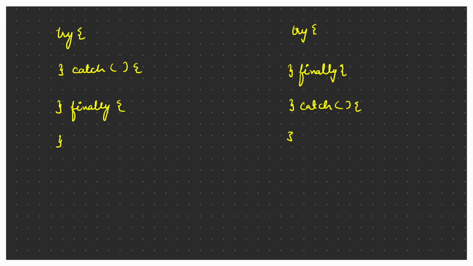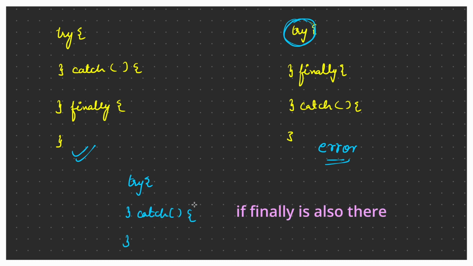So it will say that there is no catch block for this corresponding try block, and hence it will give us an error, right? This will give us an error because catch can only be just after try block. Try will always be followed by a catch block. I hope it makes sense. So try catch finally is a correct order, but try finally catch is not a correct order.